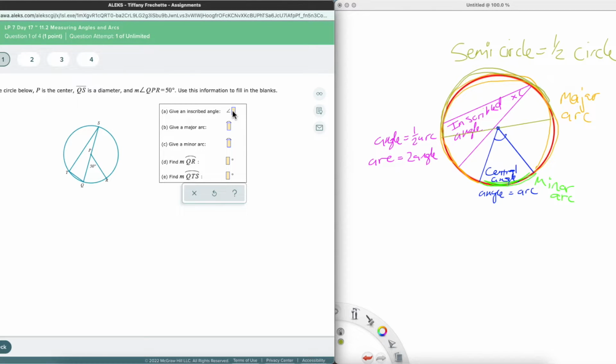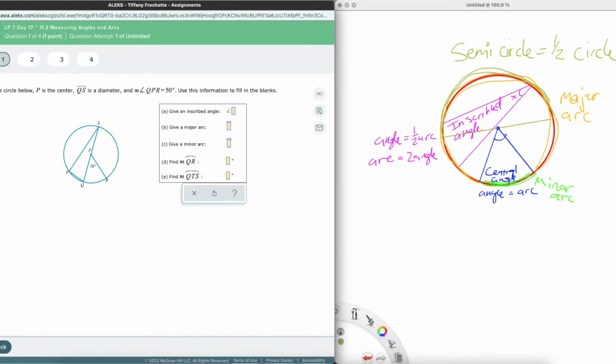All right. So the inscribed angle, we can focus on a couple of different angles if we wanted to. Like I said, S could work because here's my endpoint T and here's my endpoint Q. Angle T also is an inscribed angle because it's on the side here, but here's the endpoint S and here's the endpoint Q. So either one honestly would work.